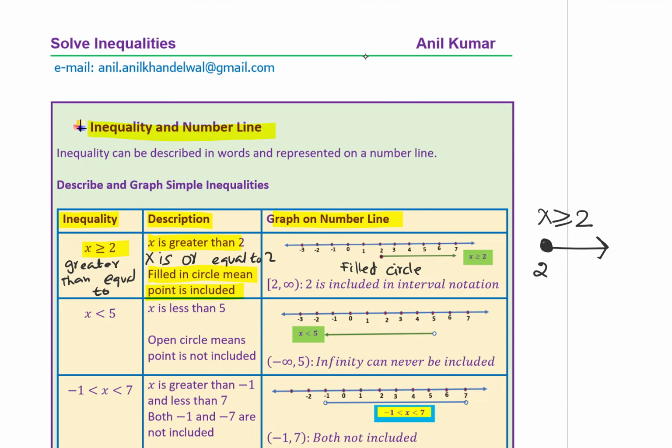But the second one here is x is less than 5. There is no equal to sign. So if there is no equal to sign, what we have here is a hole, not a filled in circle. We also say this is an open circle.